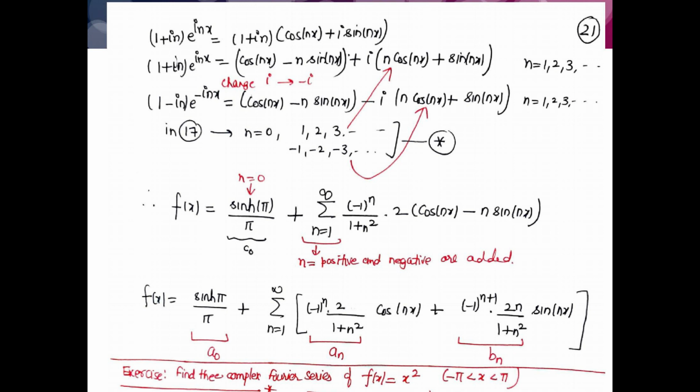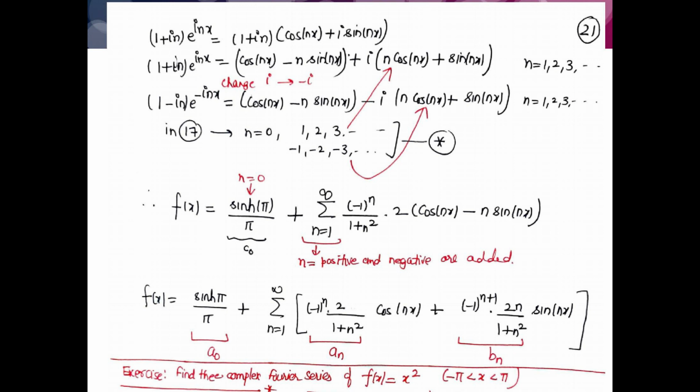Similarly, for negative integral values, we can simplify this expression, 1 minus iota n times e raised to power iota nx. To simplify this, we just replace iota by minus iota in the second expression on this slide. So now we just substitute these values in the complex Fourier series. For n equal to 0, we keep it separately. For positive and negative values, we just combine the values, for example n equal to 1, minus 1, 2 and minus 2.